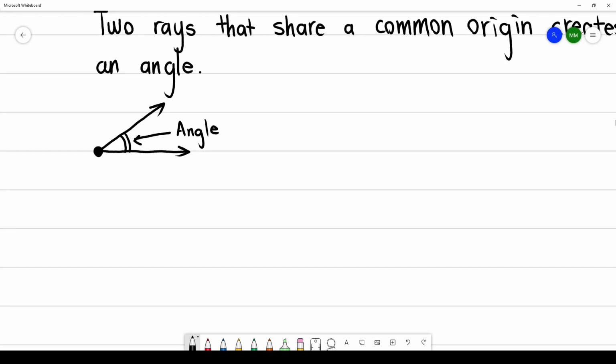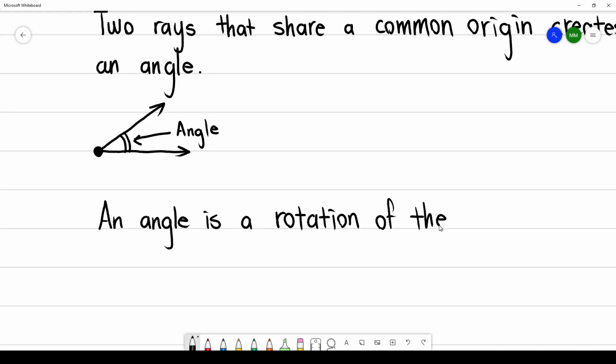So an angle is a rotation of the ray. Take this for example. When you rotate this, let's say we keep this the same, on this line, and you rotate it this way, the angle gets bigger.